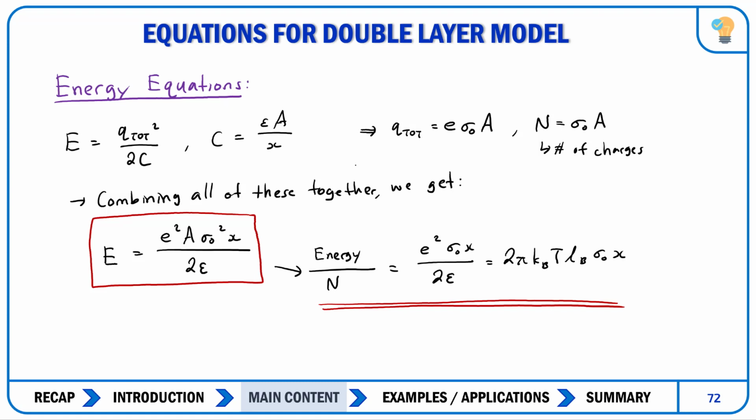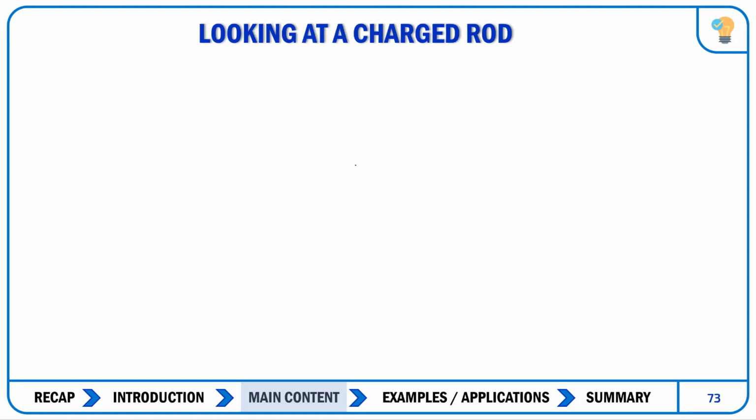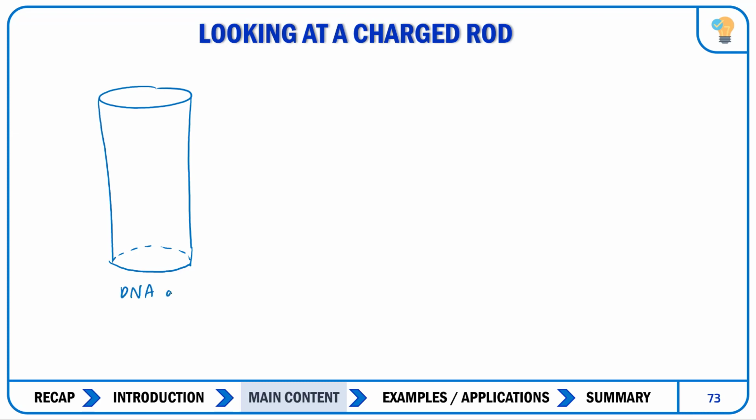So just remember, we're taking a look at different models for DNA electrostatically. We now look at a charged rod, and that means I have DNA as a charged rod.